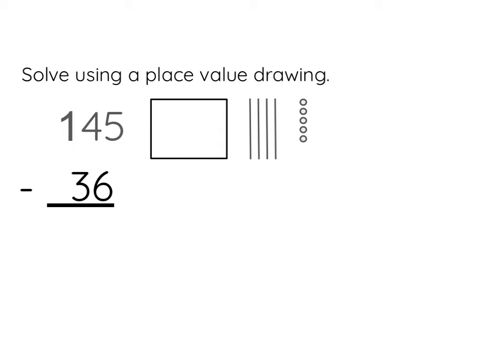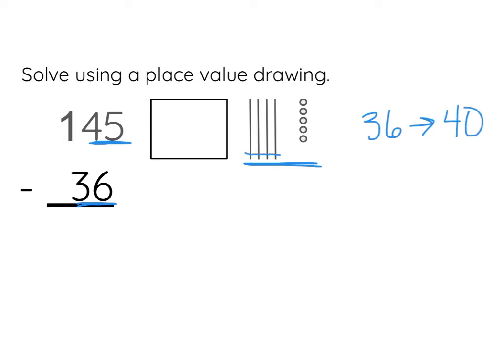145. We're going to subtract 36 again. So look up here, notice 36 is less than 45. I can work just over here with the tens and ones. So 36's next 10 is 40.